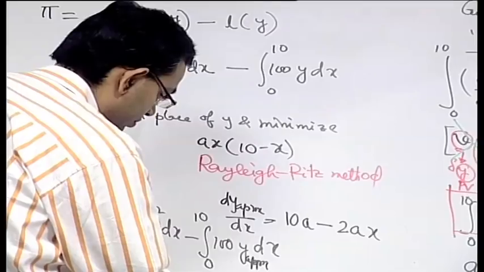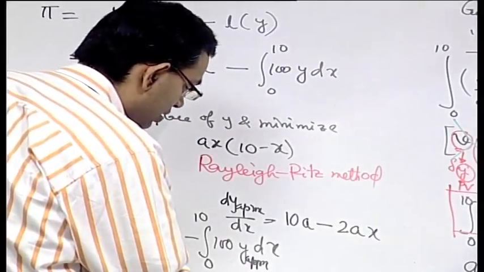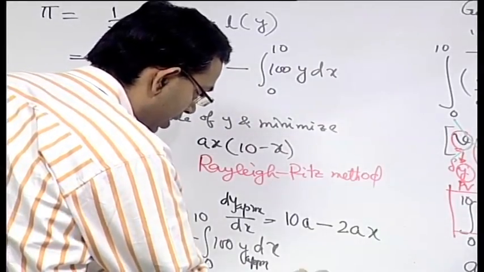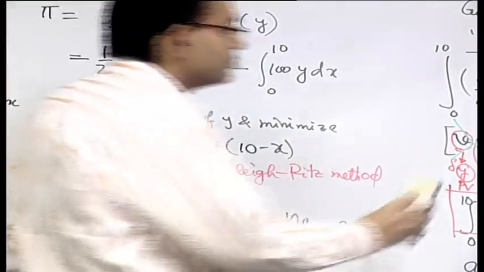Here also y is y approximate, in place of y approximate a x into 10 minus x dx. So, let us complete this one.